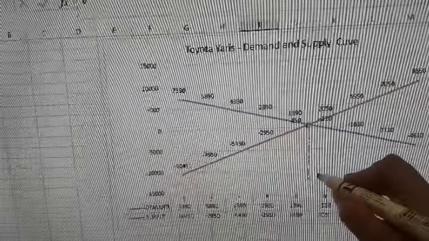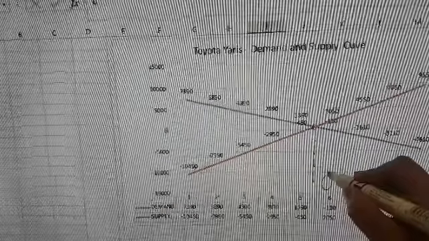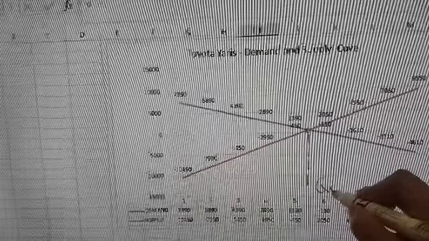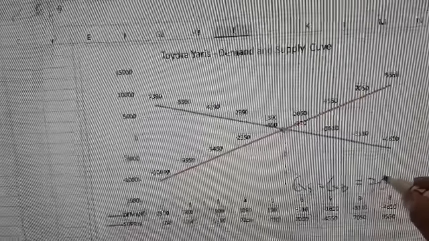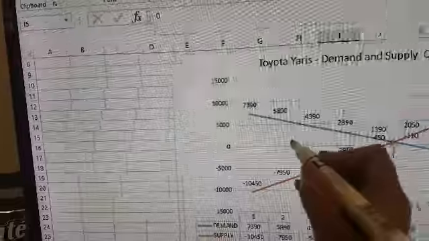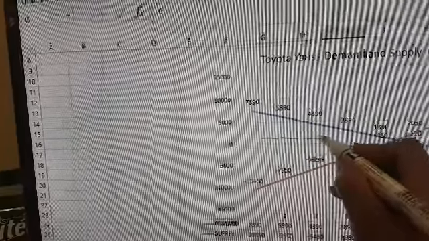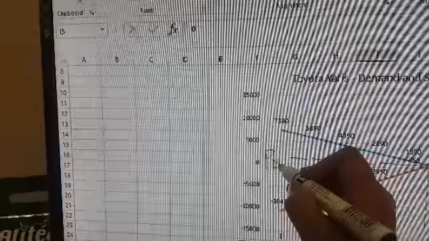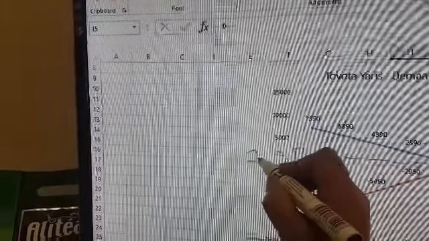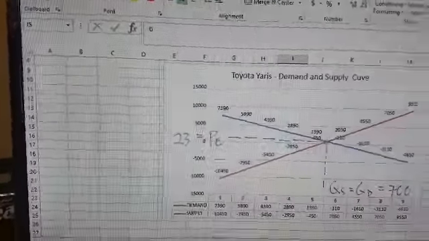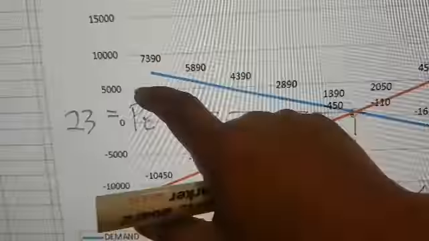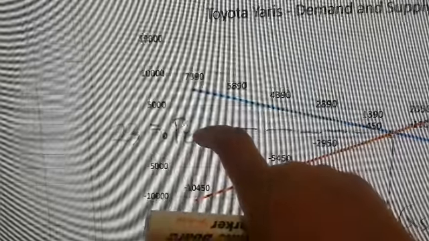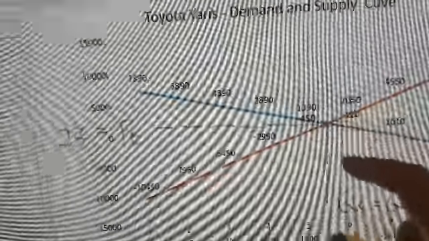So this is the quantity, the QS equal to QD, and this is 700. And here would be the price. So the price, which is PE, is equal to 23. Okay, there you go. And it makes sense because that is 5,000 and 23 is over here. Okay, it makes sense.